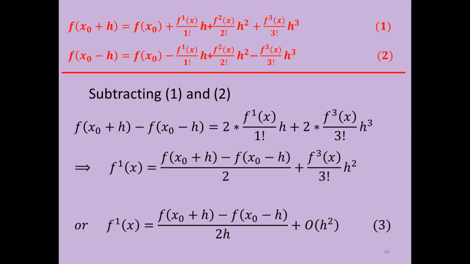And since in this particular case the order of error in the approximation is h square, therefore from the computational point of view, the central difference method happens to be much better compared to the forward and the backward approximation. But as we will see in the further slides, from the application point of view, the central difference method has certain constraints which are not applicable to the forward and the backward method.